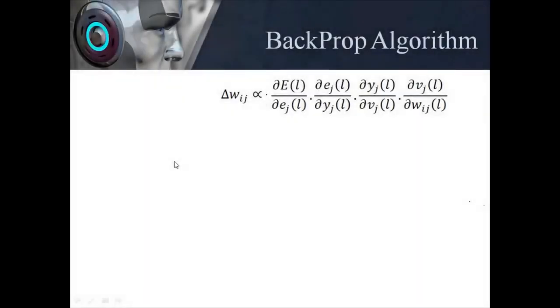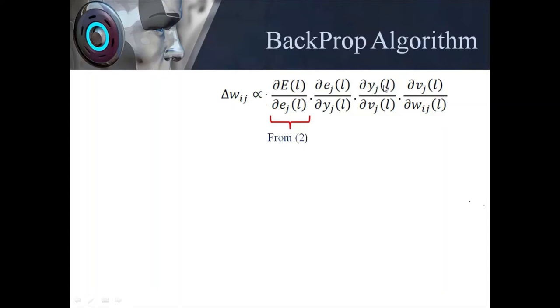Now we can compute the value of this entire term by computing these individual partial derivatives one at a time. The first partial derivative, of the error cost function with respect to the instantaneous error, can be found from equation 2. The partial derivative of the instantaneous error of the jth neuron can be found with respect to the actual output value, that is yj.